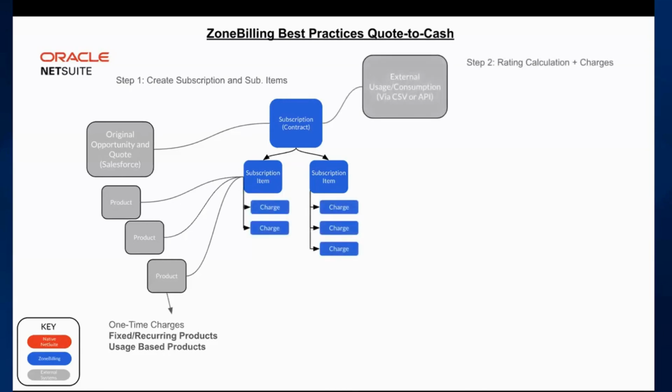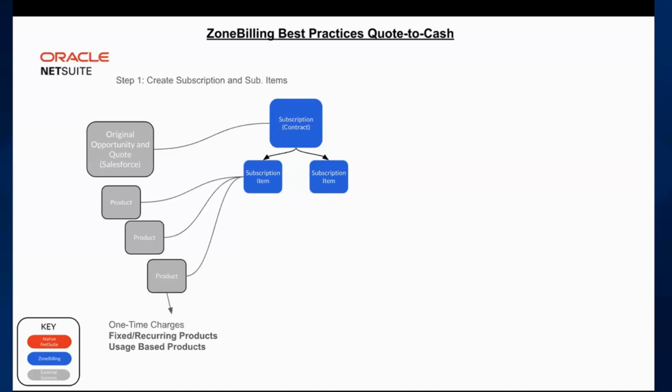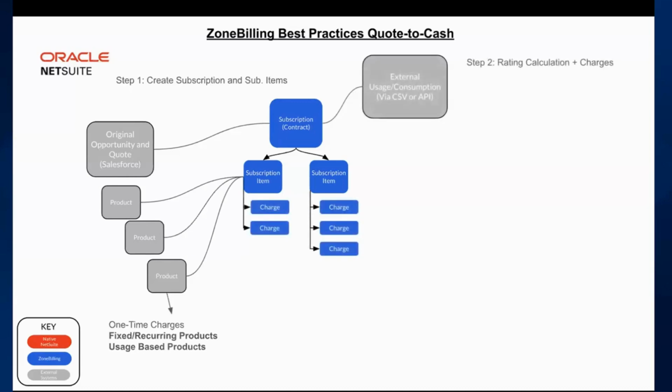And then the second integration that we typically see is going to be some sort of external system, whether that's a proprietary system, it could be something like AWS or Looker, where we're bringing in your usage or your variable amounts, quantities, and creating charges.